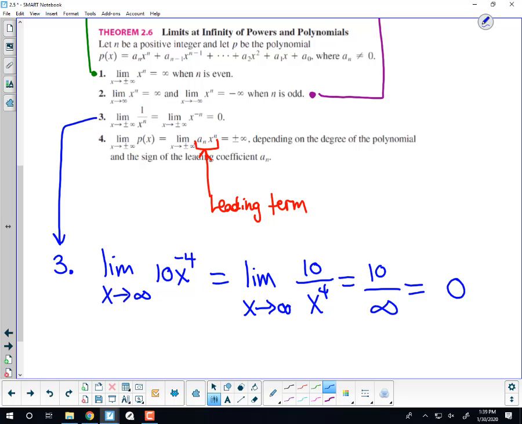If instead of infinity you want to think about that as a large positive number, that's fine. That's the idea. So for a function like 10x to the negative 4th or 10 over x to the 4th, first of all, the limit at infinity means we're finding what?